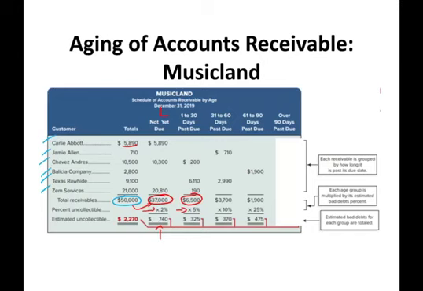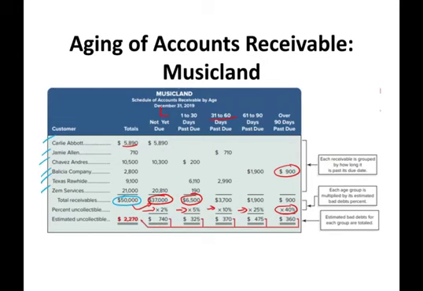For the group 31 to 60 days, 3,700, we multiply it by 10%. For the 61 to 90 days, 1,900 multiplied by 25%, and we have $900 that's over 90 days past due, and we multiply it by 40%. Now notice, as it takes us longer and longer to collect, the probability of not collecting is higher.